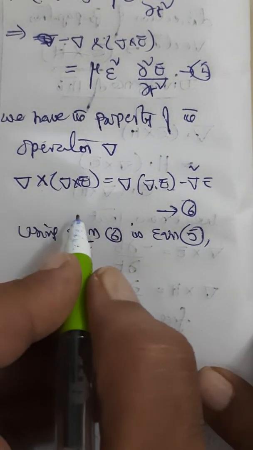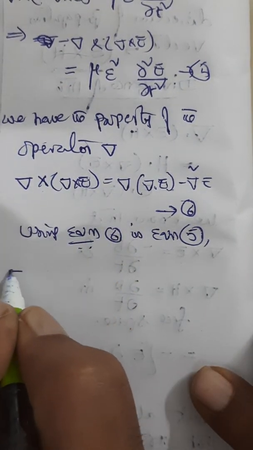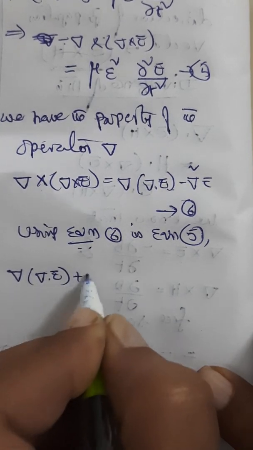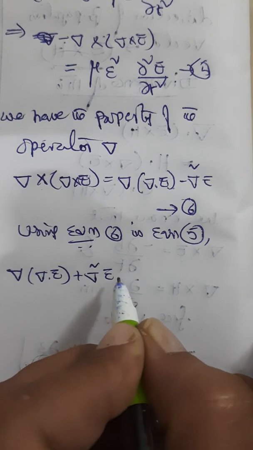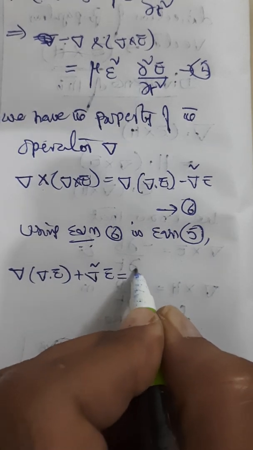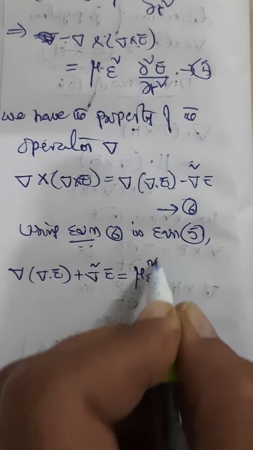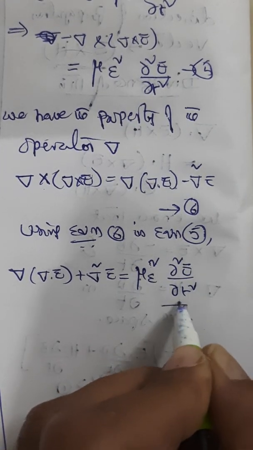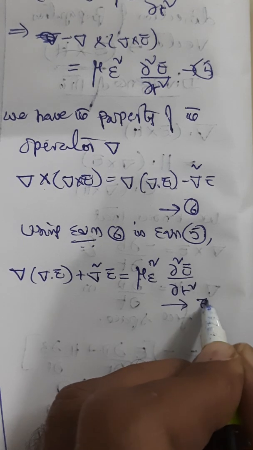What we will get is del into del dot E plus del square E is equal to mu epsilon square into dou square E by dou T square. Call it as equation 7.